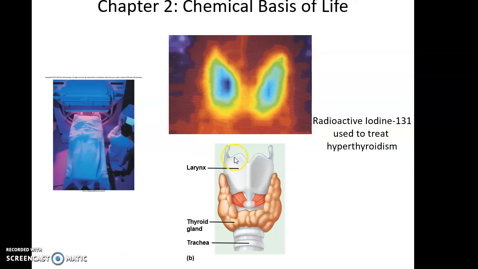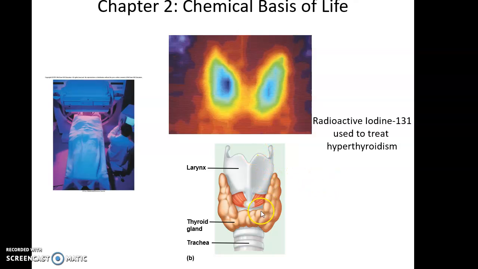Now, in medicine, we actually take advantage of some radioactive isotopes for various important medical procedures. So, for instance, there is an isotope of iodine, iodine-131, which is radioactive, and it is used to treat hyperthyroidism.